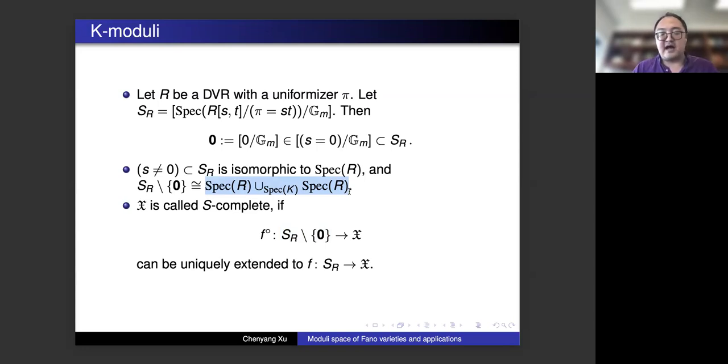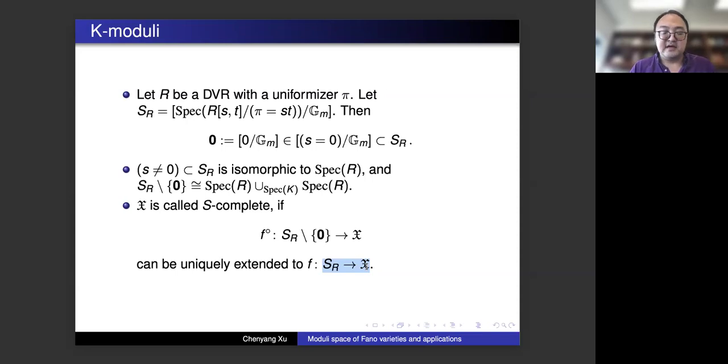Then this says that I can extend this morphism from S_R minus 0 to S_R mapped to X. So particularly, I get the consequence that the two special fibers of the two families actually have a common G_m-equivalent degeneration, which is still K-semistable. So that's what you prove.